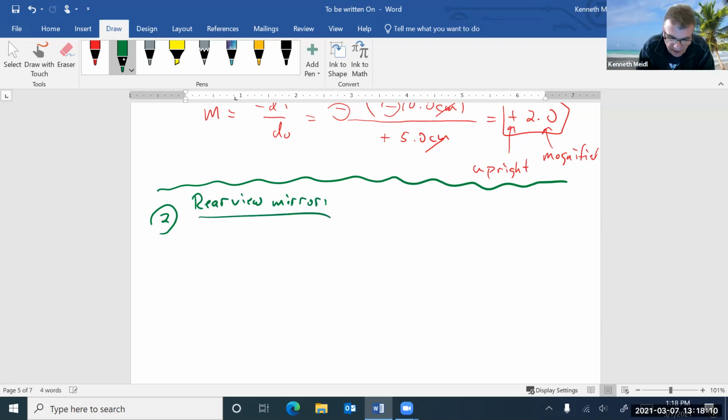Now you just have to think this through, and don't just blindly start putting stuff into equations. The rear view mirror must be a convex mirror because that was the only mirror that never turned something upside down, right? There's no way that an engineer is going to put something in your car that's going to turn things upside down. So this must be convex. And your textbook says this has a negative focal length.